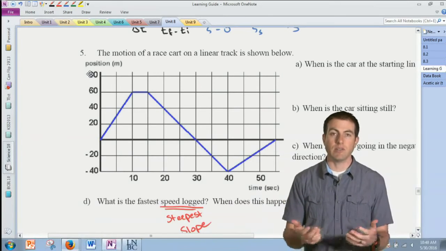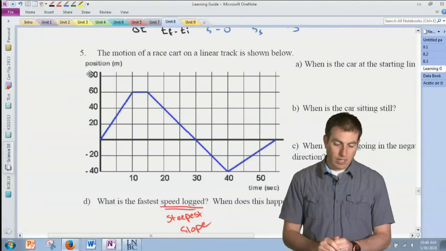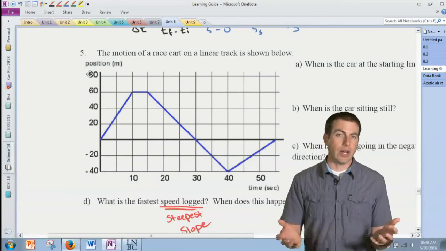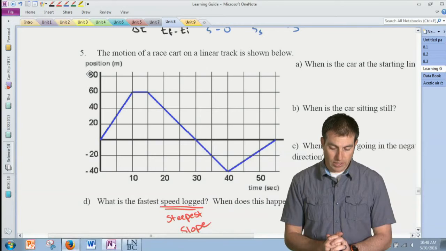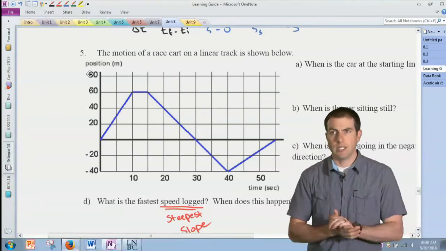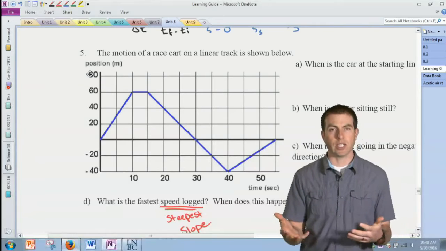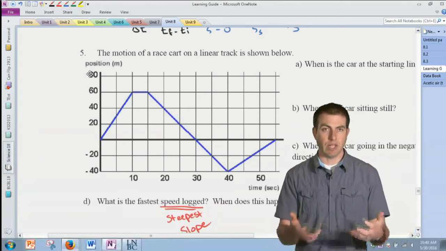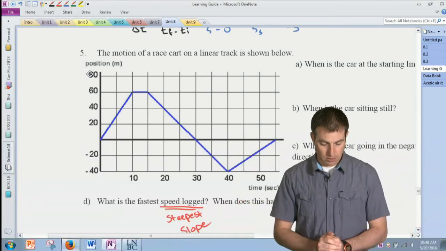If it's a negative answer, it means it's moving down. If it doesn't give you an up, a down, a forward, a backward, a left, or a right, your answer won't have one. And that is just a kind of a limitation of the question. So you don't have to force a direction, I guess. If they give you something, your answer should include it. If they don't, worry about it not.